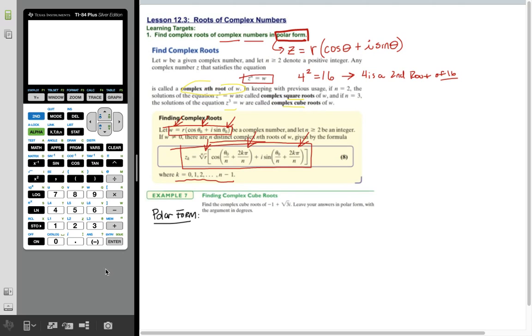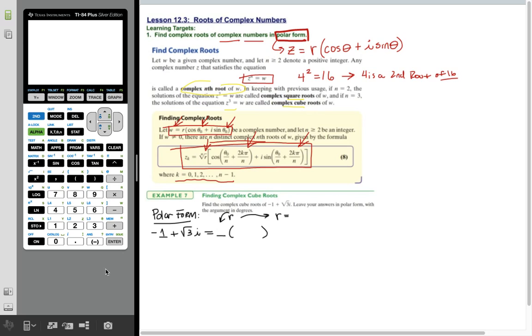of this particular number is going to be based on the fact that, let me do it this way first. We're going to say -1 plus the square root of 3 i is equal to, first thing I'm going to do is factor out a number that's going to become the r value. That's going to go out front just like that. Now, to figure out what that r value is, this is the formula to figure out the modulus.